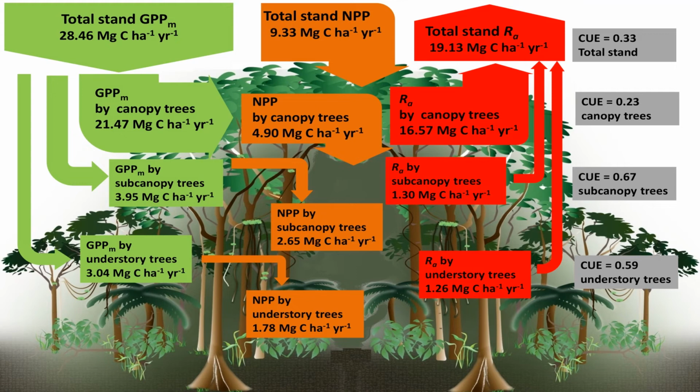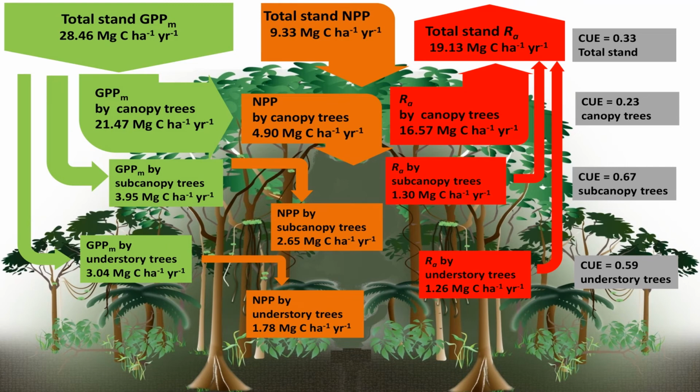Altogether, the forest was characterized by a relatively low carbon use efficiency, here seen in gray on the right side, with 0.33. This 0.33 is within the range of carbon use efficiencies observed for tropical old-growth forests.